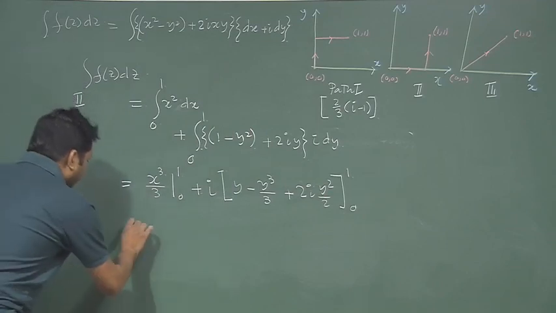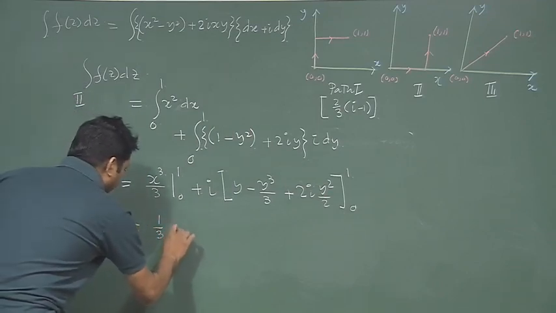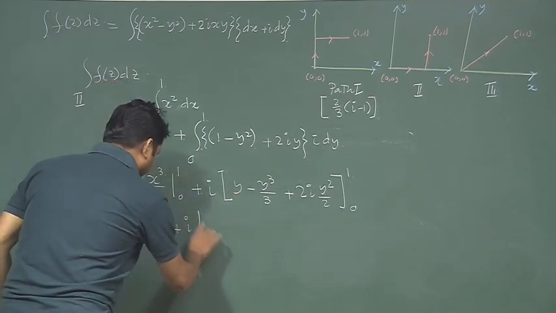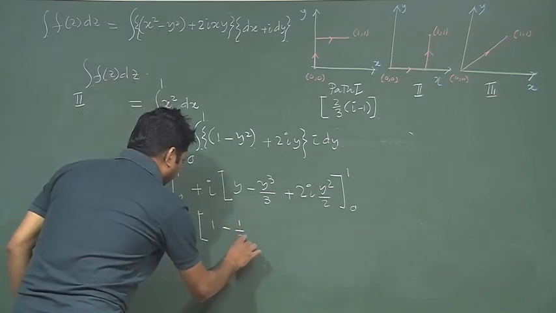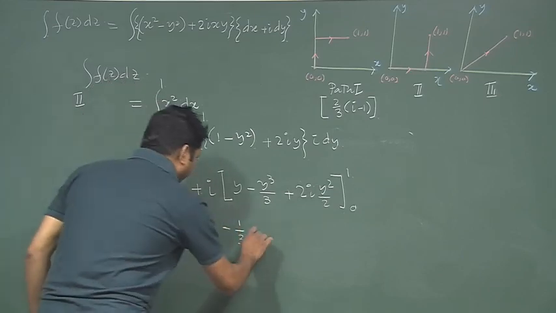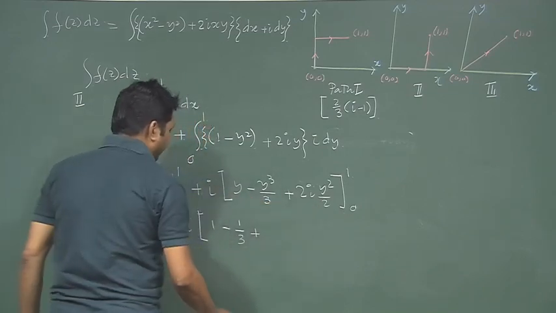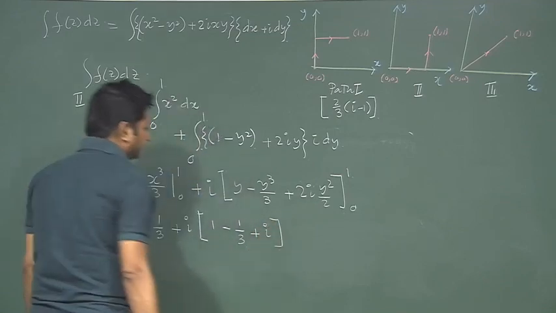The first term comes out to be 1 by 3 plus i, y is 1, minus 1 by 3, plus this 2 is cancelled out, so plus i.